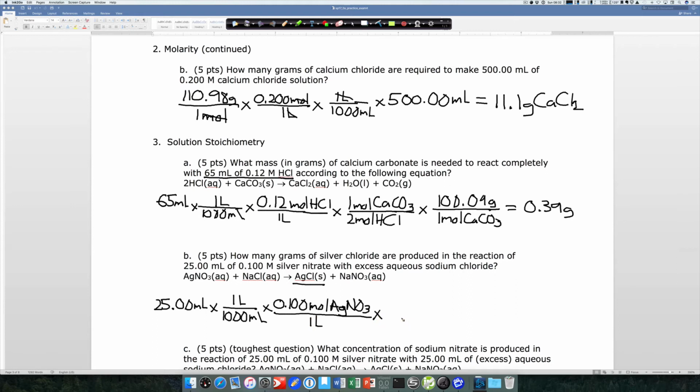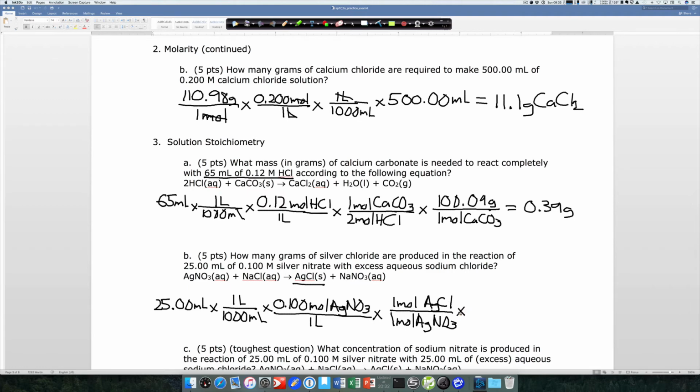Okay, now stoichiometry. So we say 1 mole of silver nitrate is going to produce 1 mole AgCl.